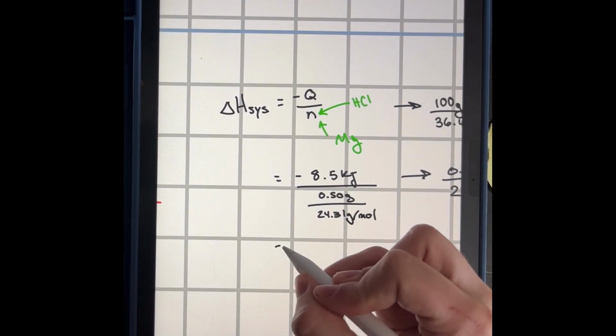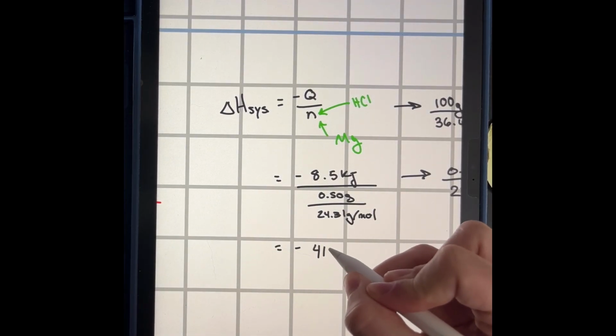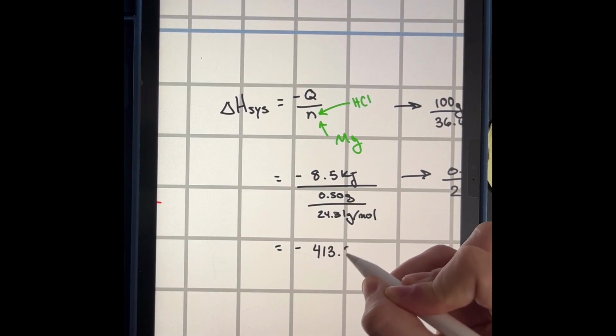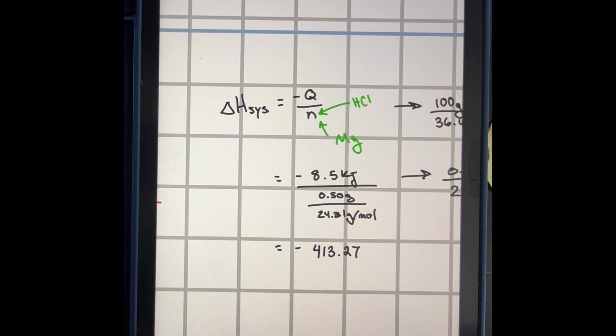We get negative 413.27. Sig figs do matter. I absolutely hate sig figs, but they do matter.